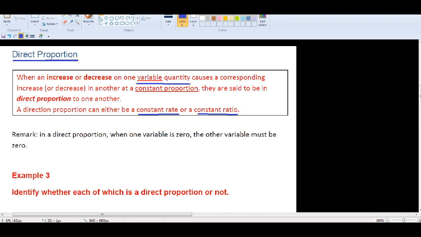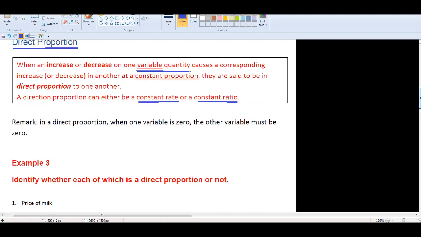If you see one quantity increase, then the other increases at a constant pace and constant proportion, then that's what we call direct proportion. It could be a rate or ratio, but you need to see that the rate or ratio keeps a constant relationship. One increases, the other increases by the same amount or by the same portion.